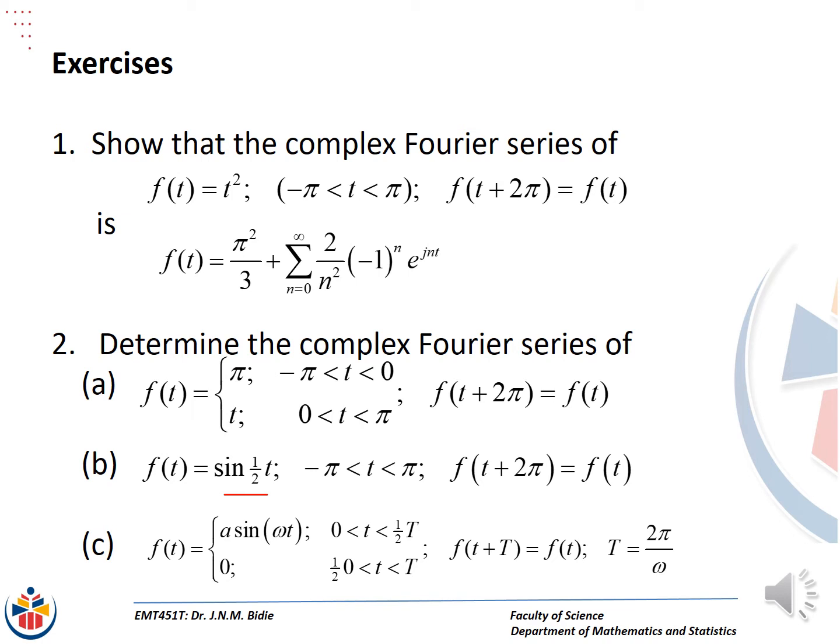Remember, sine z is equal to e to the power jz minus e to the power negative jz, all divided by 2j. I believe that it would work better than using sine half t and having to do integration by parts. Also with 2c will work.